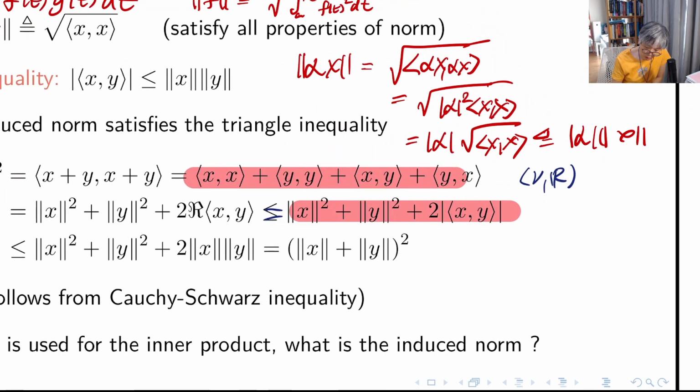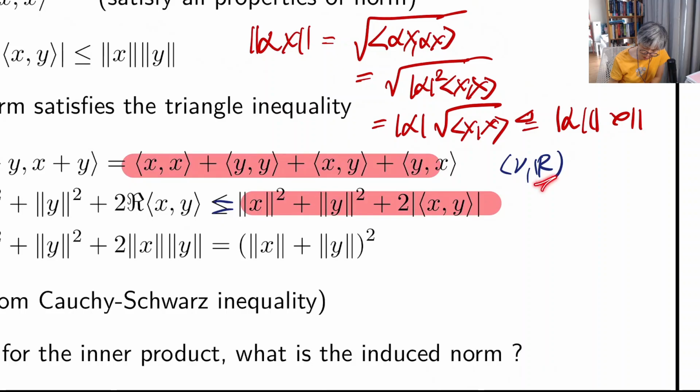But if the field is not the real numbers but instead the complex numbers, these two terms will be complex conjugates of each other, and their sum is 2 times the real part. But let's just focus on the real numbers.